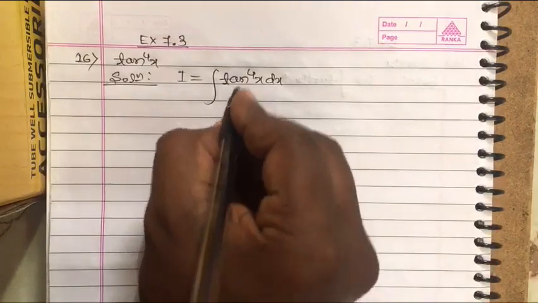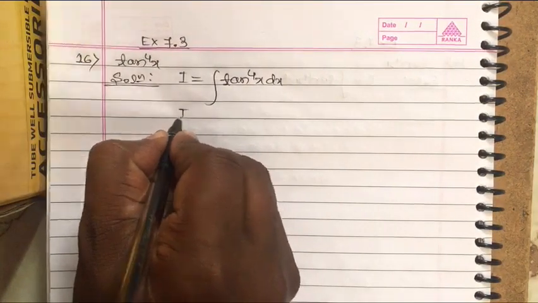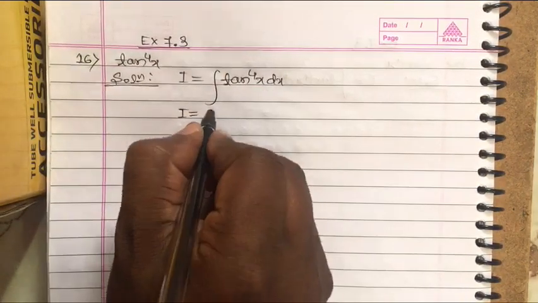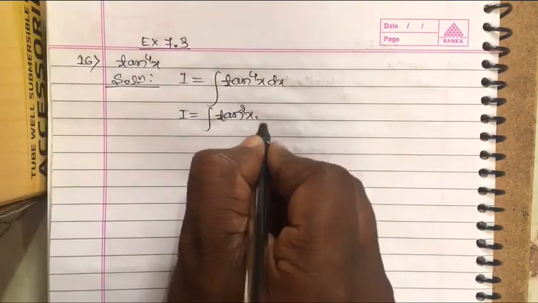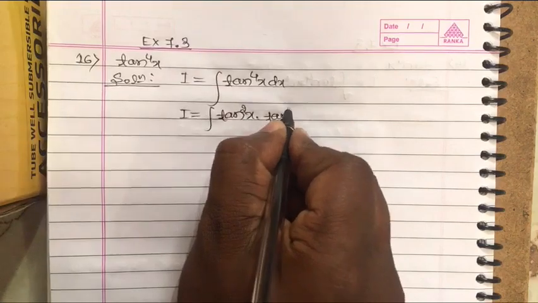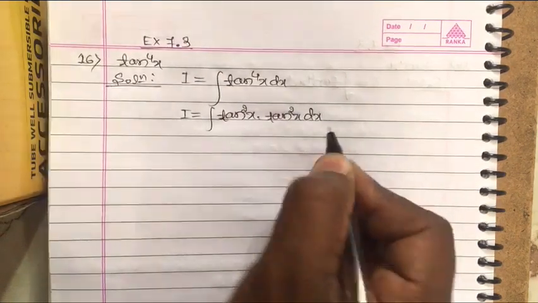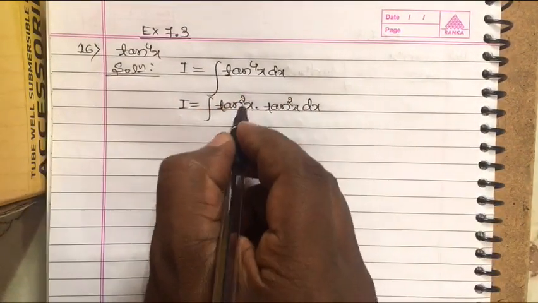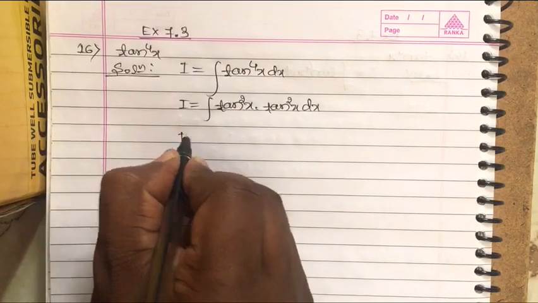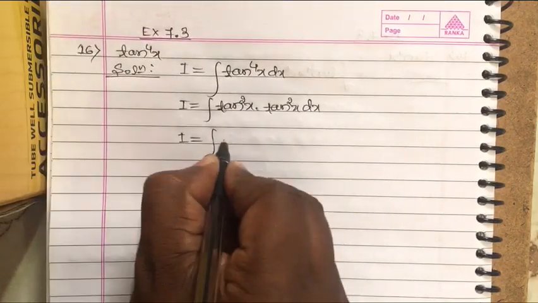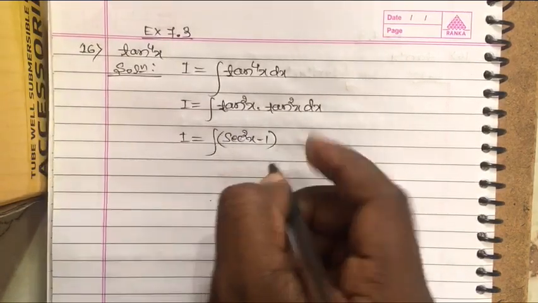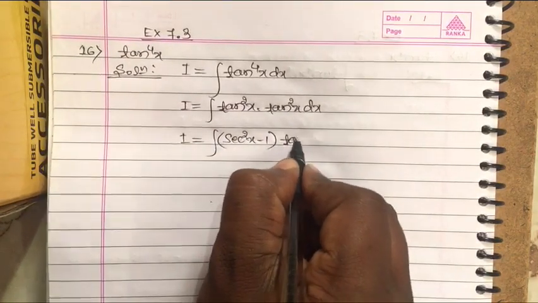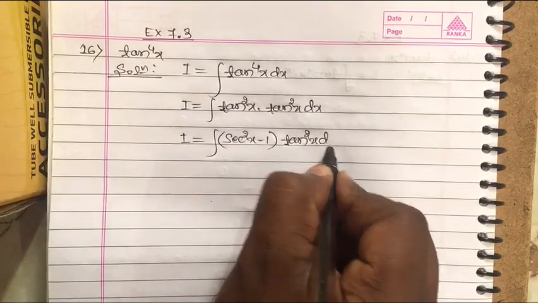Here tan to the power 4 x can be written as tan square x into tan square x dx. This tan square x can be written as secant square x minus 1, into tan square x dx.